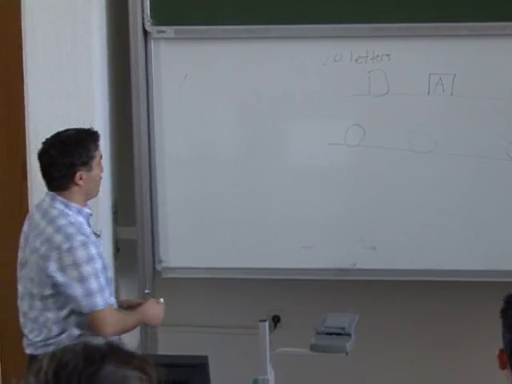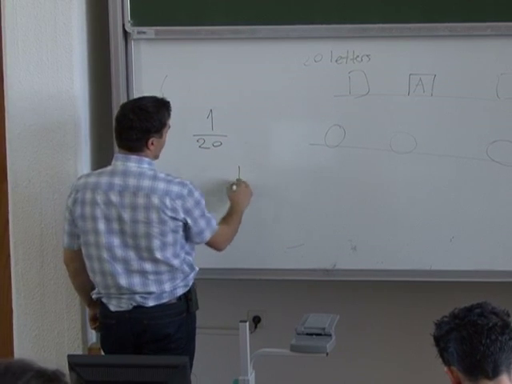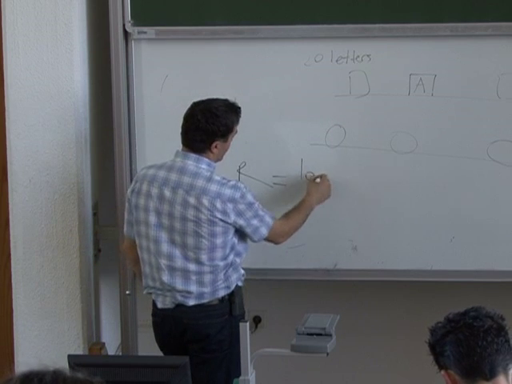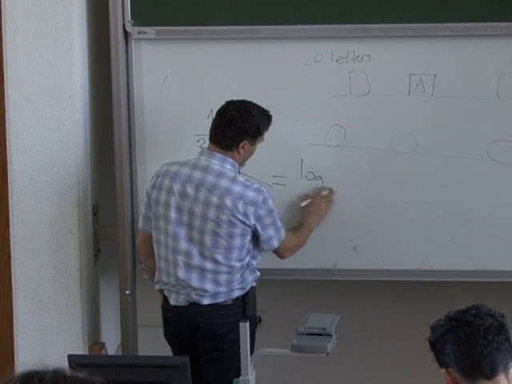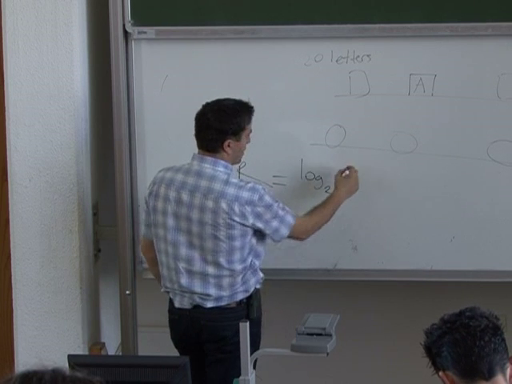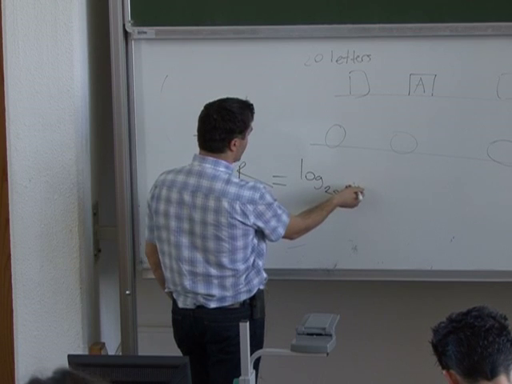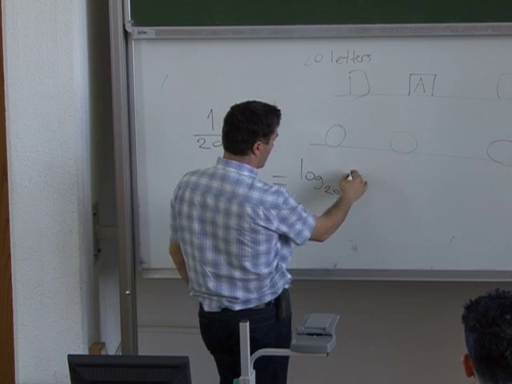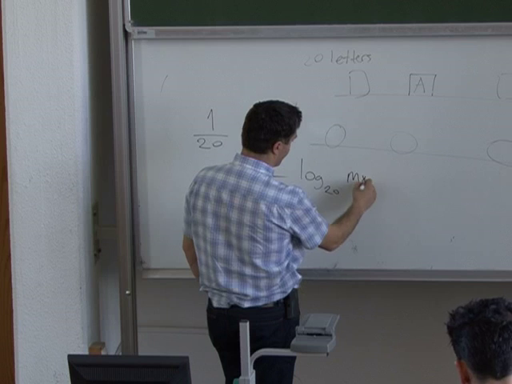So the probability of an individual match is 1 over 20. The expected length R is going to be log n over log 20, and the number of times we tried the experiment, this n, is going to be m times n.